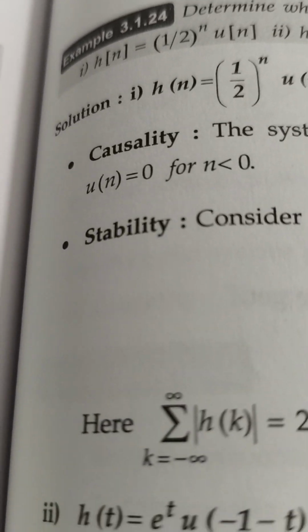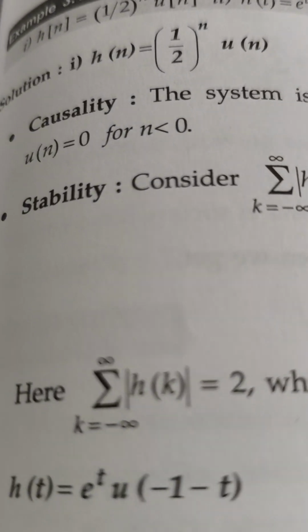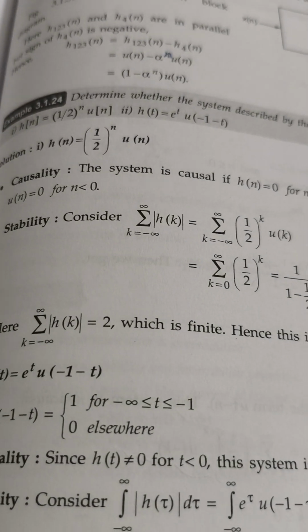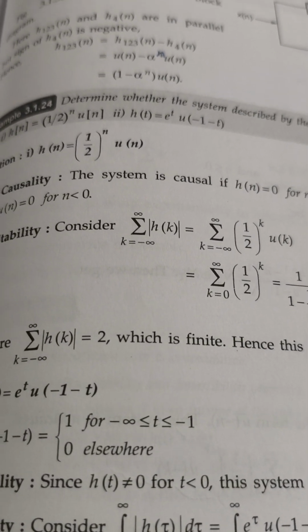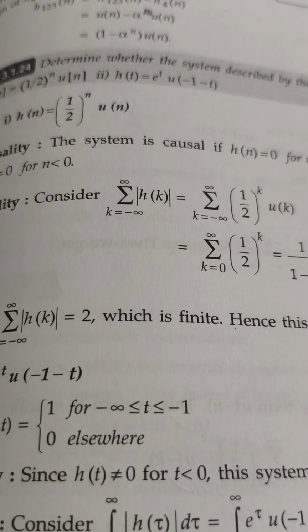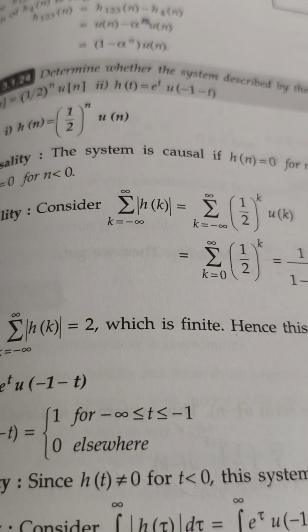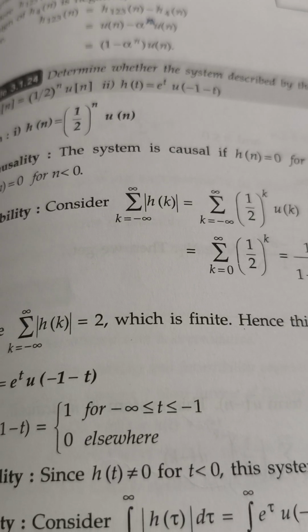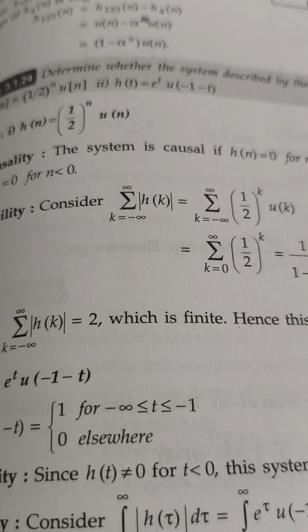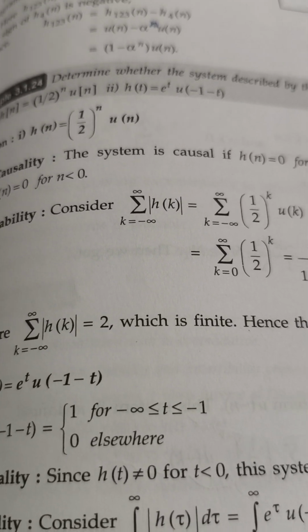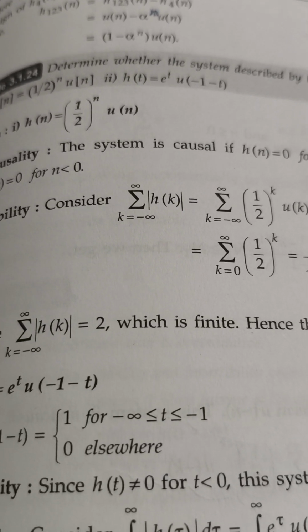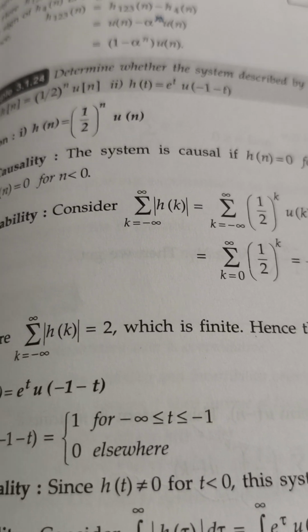Next, we will find out whether the system is stable or not. To find the stability, this is the equation; here we have to take a summation. While finding the stability of a continuous time system, we took the integration from minus infinity to plus infinity of modulus of h of t dt.